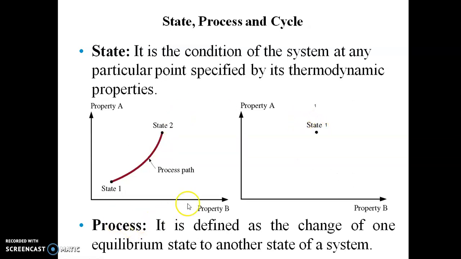Next is process. A process is the change from one equilibrium state to another equilibrium state. Whenever a system at state 1, its initial state, undergoes a thermodynamic process, either a heating process, a heat rejection process, or a work of compression process, whatever it may be, the physical state of the system will change from one equilibrium state to another equilibrium state.